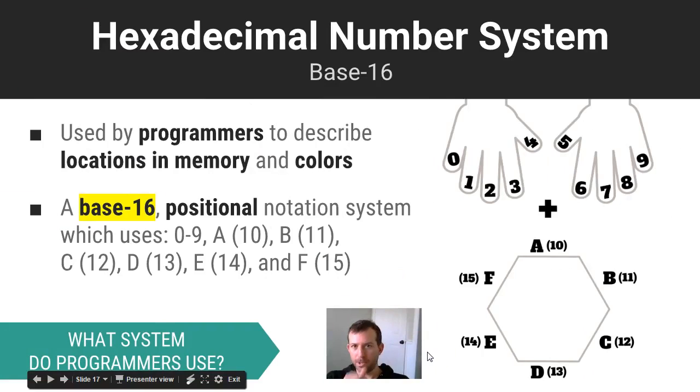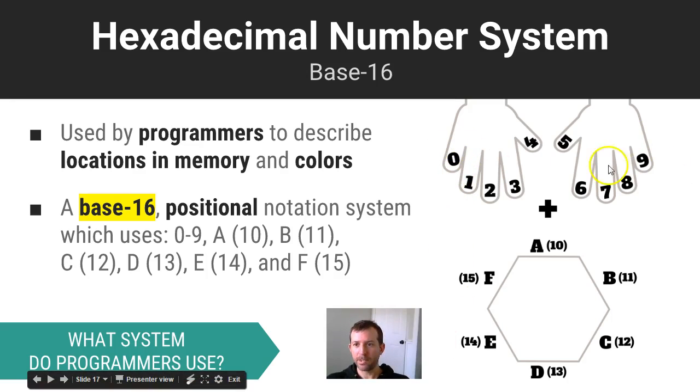Another number system we want to talk about is hexadecimal. This is very popular for writing programs. This is something that most programmers know about. Remember, hexadecimal means 16. So there are 16 total different symbols that can be used in that number system.